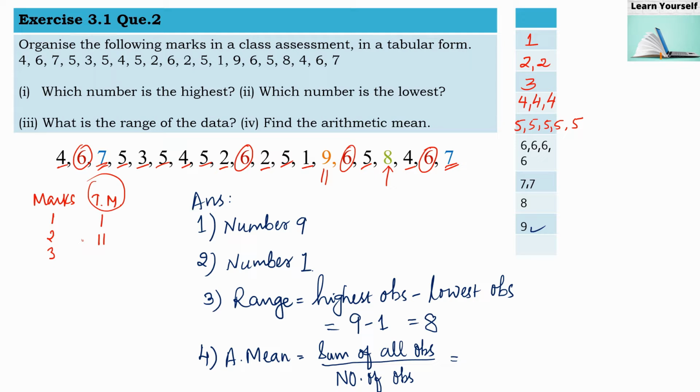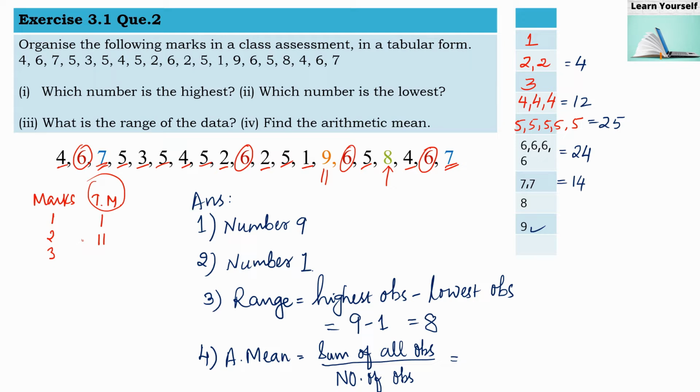Then 2 is 2 times, so it will give us 4. 3 is 1 time, 4 is 3 times, so directly we are multiplying 4 with 3, so it will give us 12. 5 is 5 times, so it will give us 25. 6 is 4 times, so it will give us 24. 7 is 2 times, so 7 into 2 is 14.